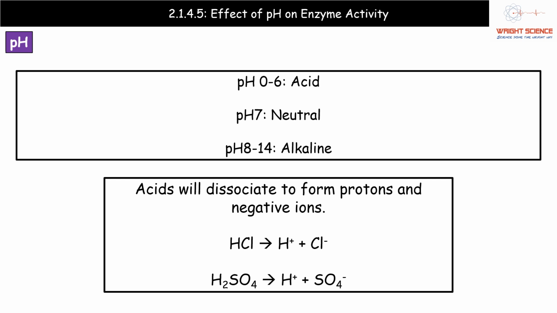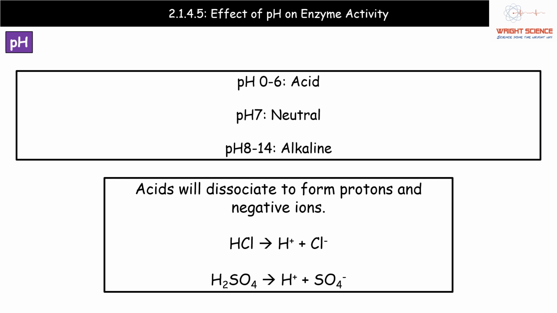The next thing we need to understand is what happens to acids. When we're looking at an acid in a solution, it's going to dissociate to form two oppositely charged parts.